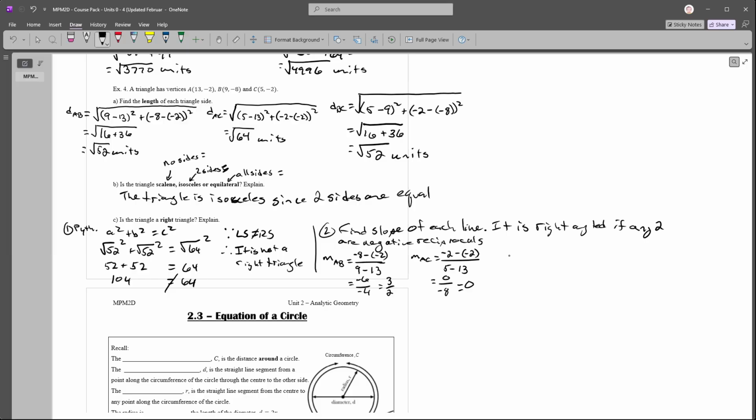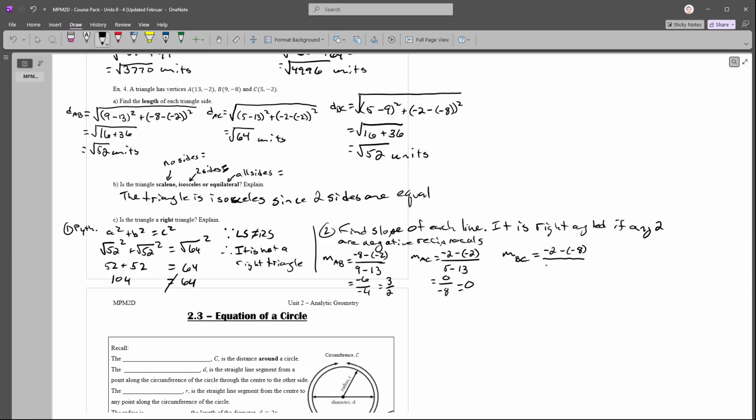Alrighty, and then finally, we have our MBC. So now we're going from B to C. So our y2 is negative 2 again, and we're going to subtract from that our y1, which is negative 8.